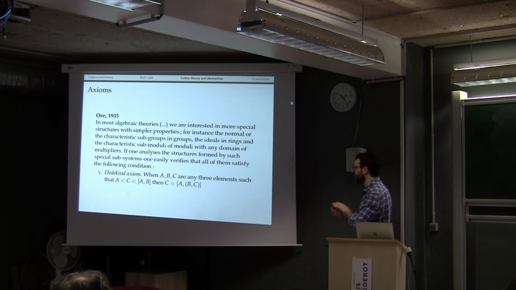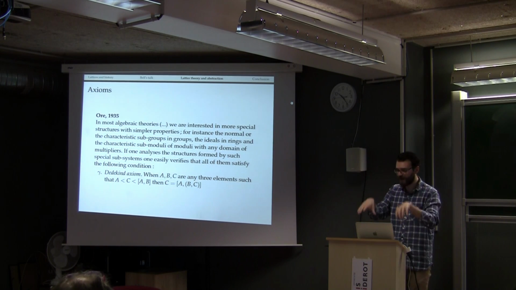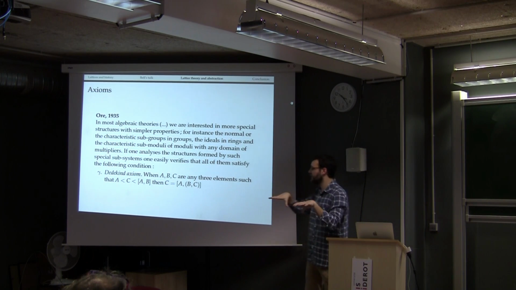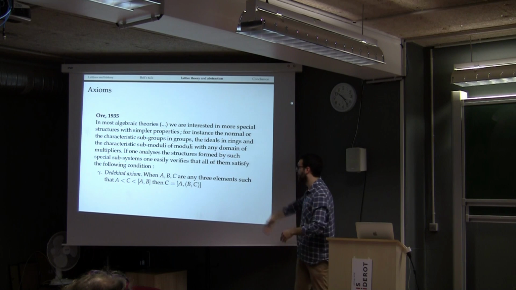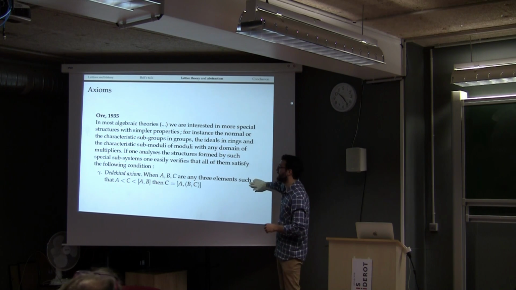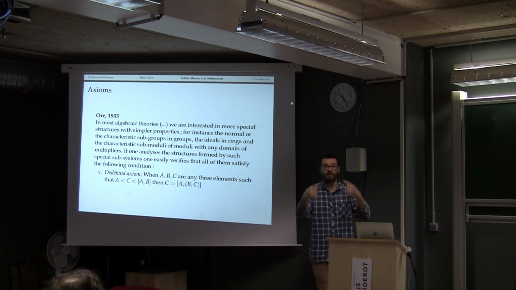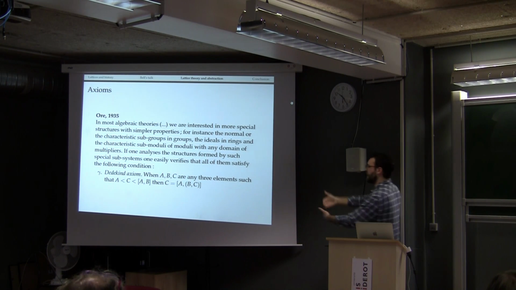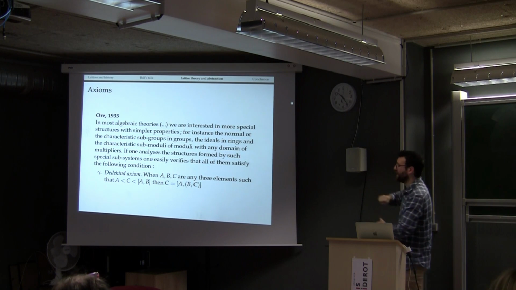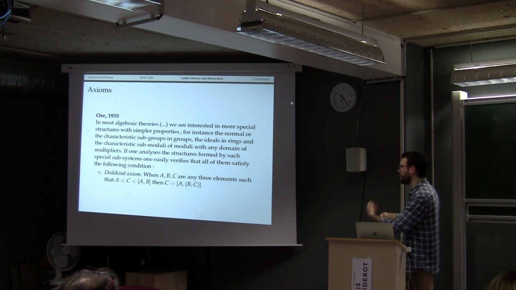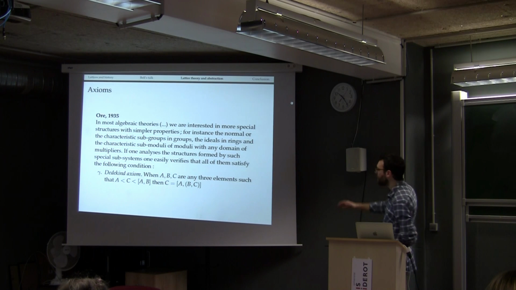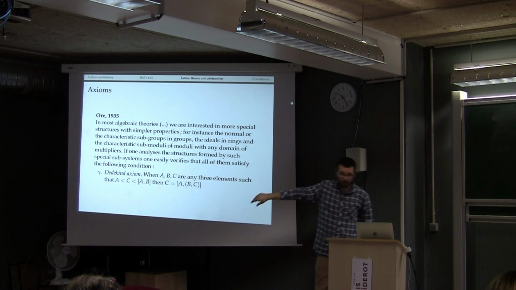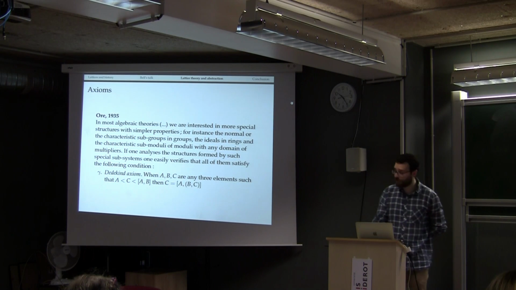And it is the fact that these sublattices are interesting that makes him consider an axiom satisfied by these precise sublattices. And so it is because of this application that he is considering a specific axiom that is satisfied by these lattices. He ends up with the Dedekind axiom, which is also called the modular axiom.